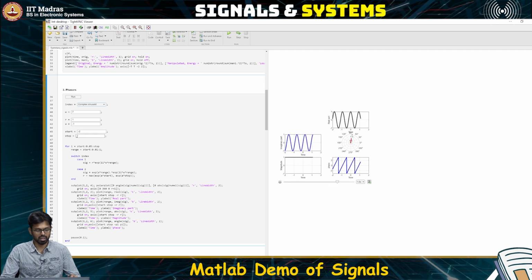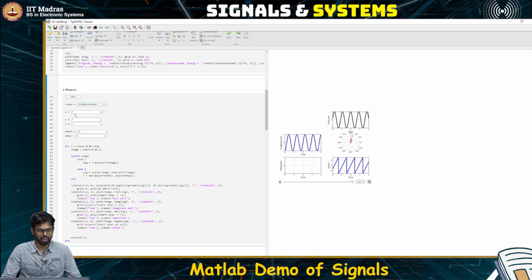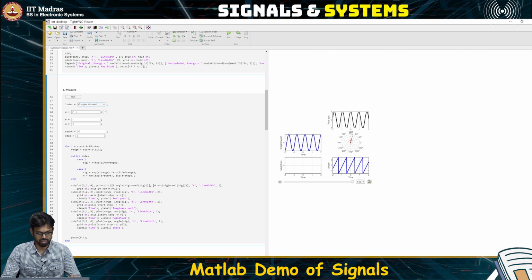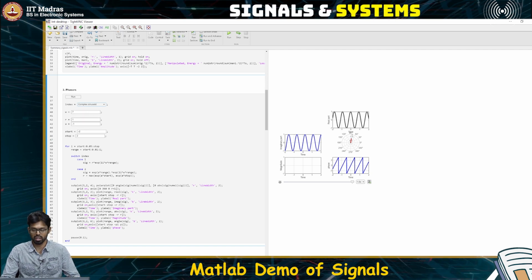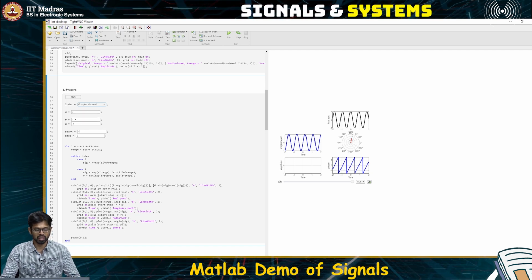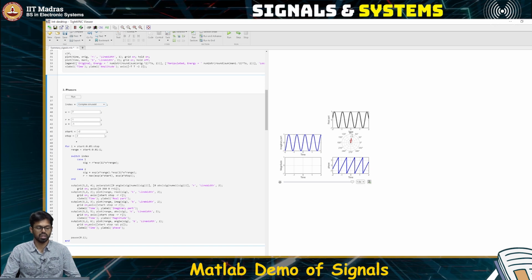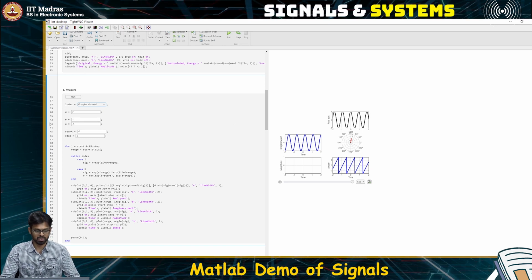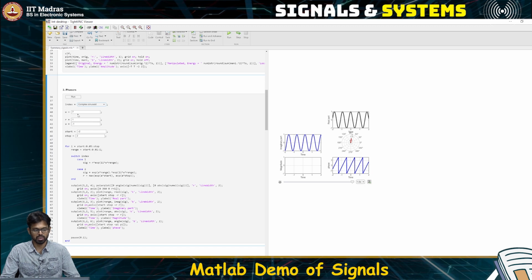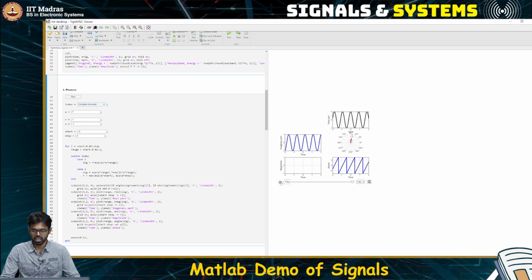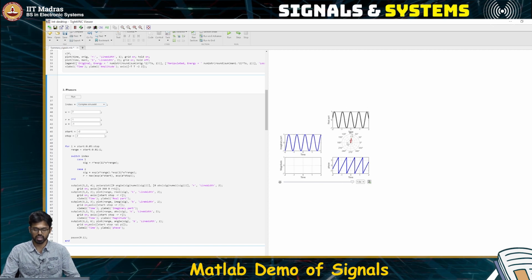So, we have set a particular frequency. The frequency here is set to be 7 radians per second. That is our angular frequency, and the magnitude is set to be 1. Okay. And that is what we observe here. As you can see, the frequency is positive, which means the phasor should be rotating in the anti-clockwise direction, and that is exactly what we are seeing here.